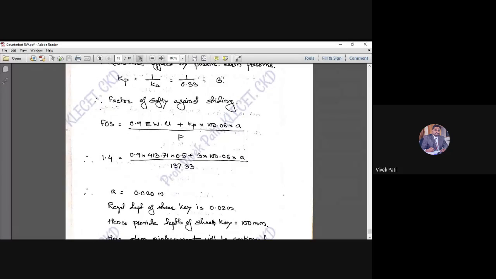Hence we provide 100 mm, that is 0.1 meter, as the depth of the shear key.